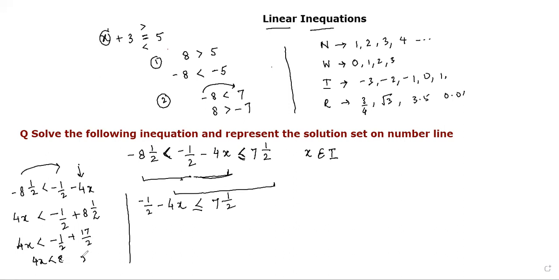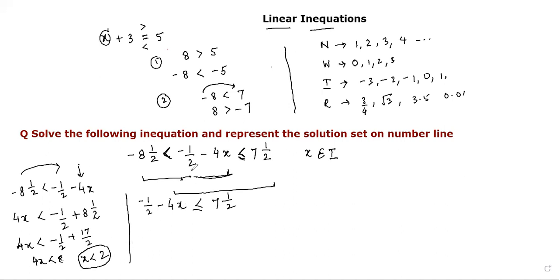So x will be less than 8 upon 4, which is 2. I hope you can do that basic calculation. When 4 comes on this side, it will be in the denominator. So 8 upon 4, which is 2. So what information we get from this linear equation is x is less than 2.